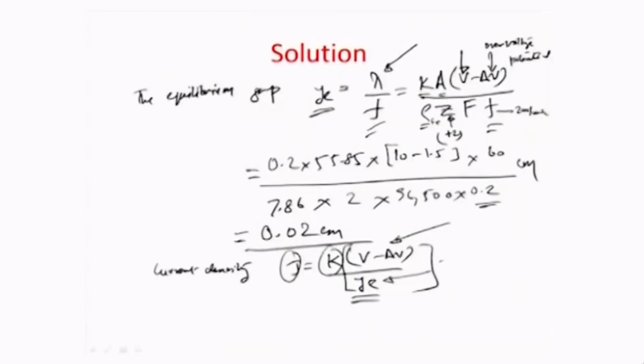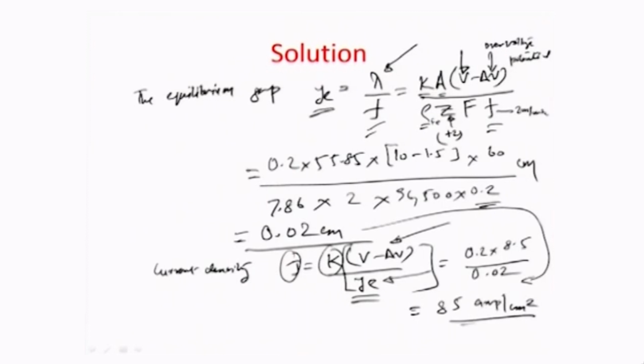So, this becomes equal to 0.2 times 8.5 by the new equilibrium gap, which has been calculated from the previous step as 0.02 centimeter, and this you can represent as 85 ampere per centimeter square. Okay.